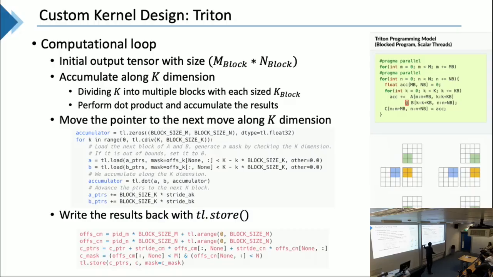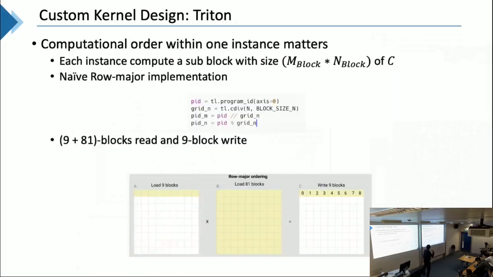And we do this iteration through the k dimension, and then in the outer loop, we iterate through the other two dimensions, the m dimension and the n dimension. We have the full picture of this matrix multiplication, and then we write the result back. So this is the matrix multiplication. We went through it very quickly.